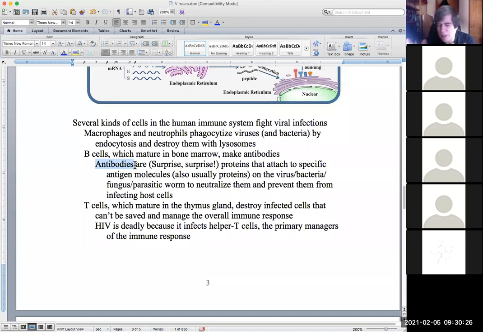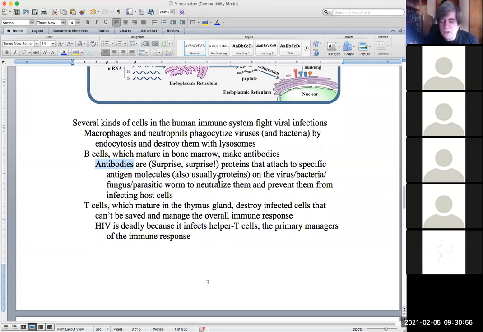And when they do this, notice they're changing the shape of that protein, which means that that virus or bacteria or whatever it is going to have a hard time getting into your cells. And eventually, other cells like macrophages can come along and they can say, oh, here's something that some antibodies are attached to. That's something we need to destroy.